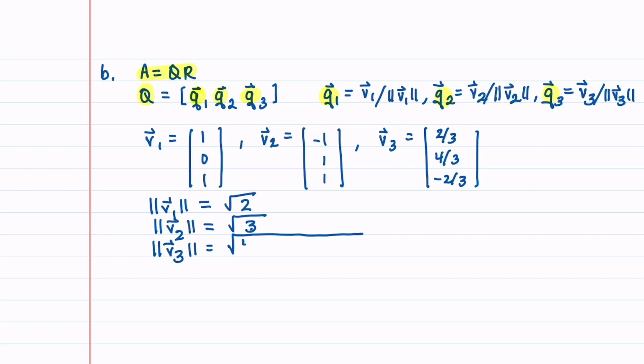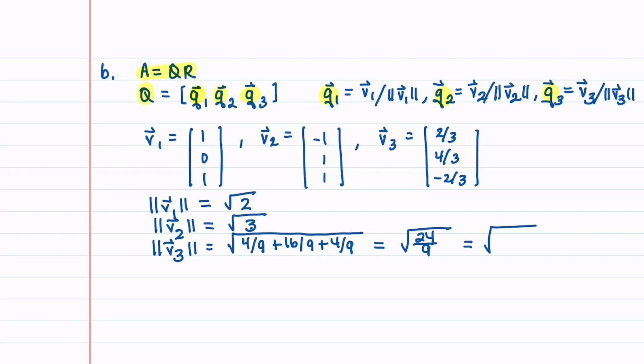So that's 4 over 9 plus 16 over 9 plus another 4 over 9. And this is equal to the square root of 24 over 9, which we're going to write as the square root of 4 times 6 divided by 3 times 3. So we can see that this is going to be 2 root 6 over 3.